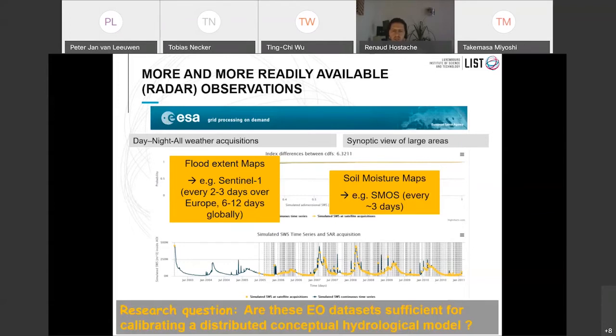So the main research question is to evaluate if these two Earth observation data sets are sufficient to calibrate a distributed conceptual hydrological model without using ground truth data. When you want to map or predict flood hazard, what is usually done is to calibrate first the hydrological model based on ground data. If you don't have this ground data, as for many places around the world, the idea here is to compensate for this lack of data by using the Earth observation data only.